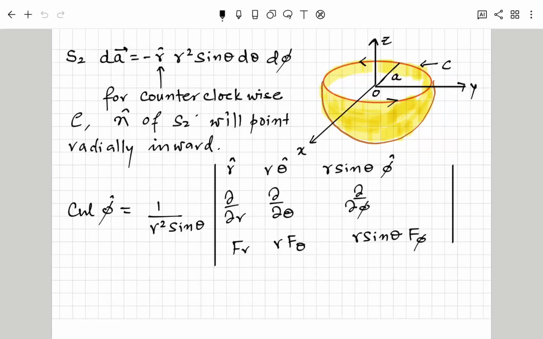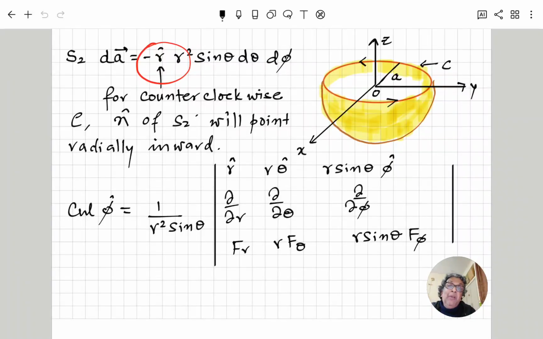Further, because our loop is counterclockwise, the capping surface will be the interior of this, and hence it is always pointing out radially inward, always pointing toward the center of the hemisphere. This is very important when you consider this type of capping surface.